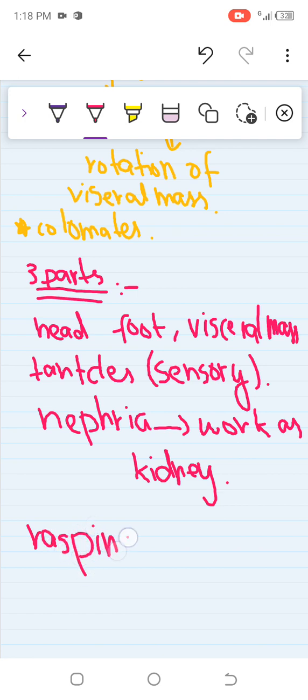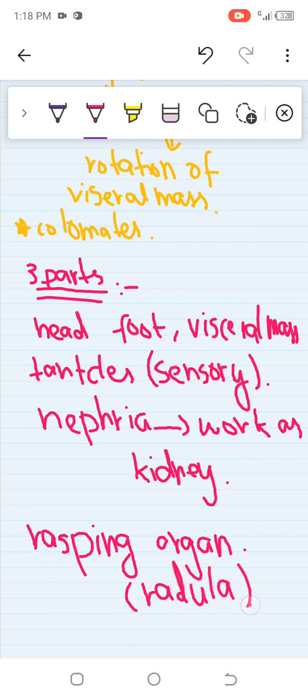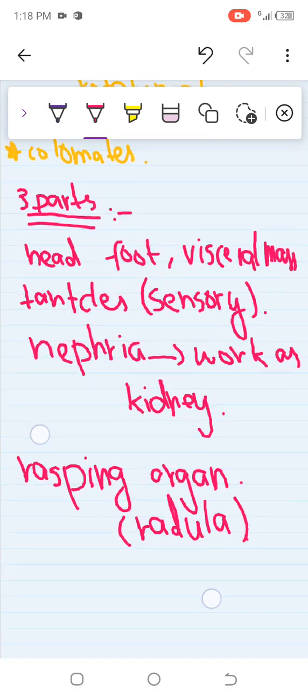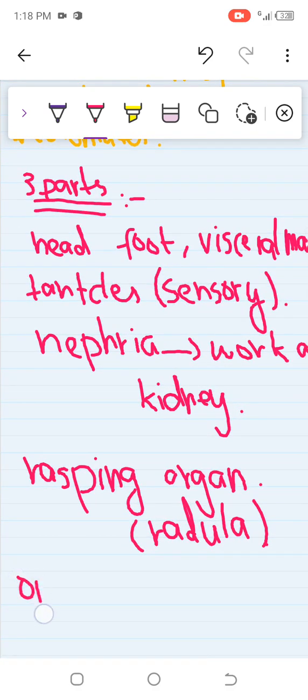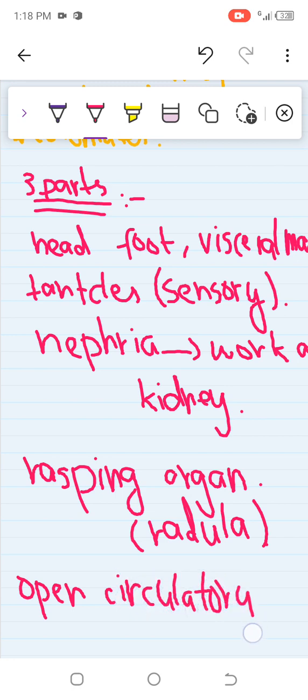Remember, this question is often asked: what is the respiring organ? Phylum Mollusca contains a respiring organ which is radula. They have an open circulatory system.